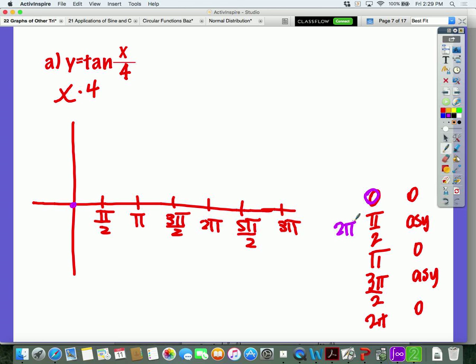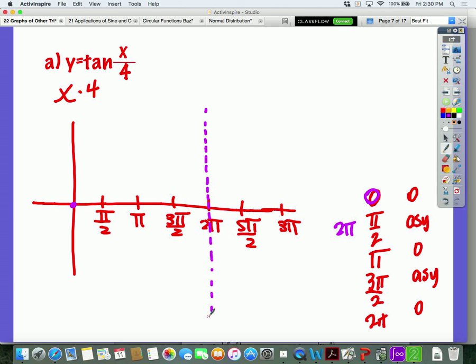If it's telling you to graph 2 periods, you're going to have fewer asymptotes between 0 and 2 pi, yes. I don't mean to infinity yet, just like this. So what would be appropriate for students is the parent function. At only pi over 2, 3 pi over 2 are the asymptotes.